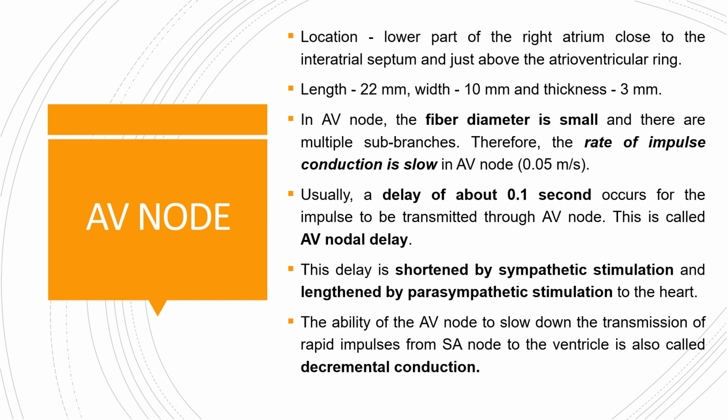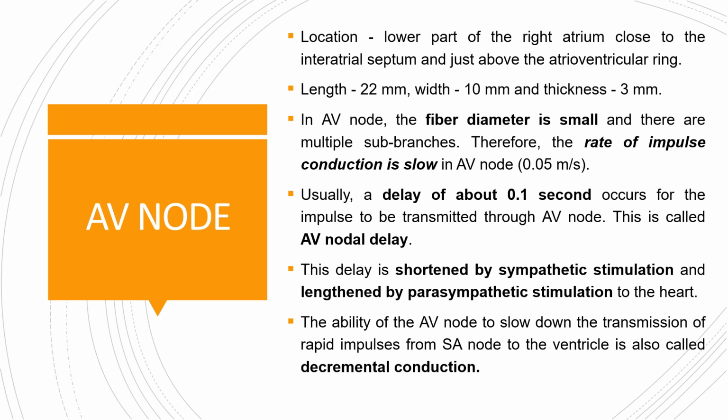There is a delay of about 0.1 second that occurs for the impulse to be transmitted through the AV node. This delay is called the AV nodal delay. This delay is shortened by sympathetic stimulation. So, when you give a sympathetic stimulation, then the transmission of the impulse is fast, meaning the delay gets shortened.